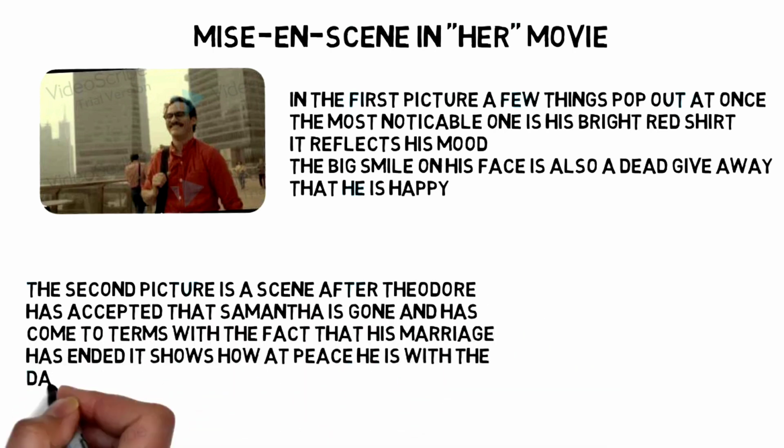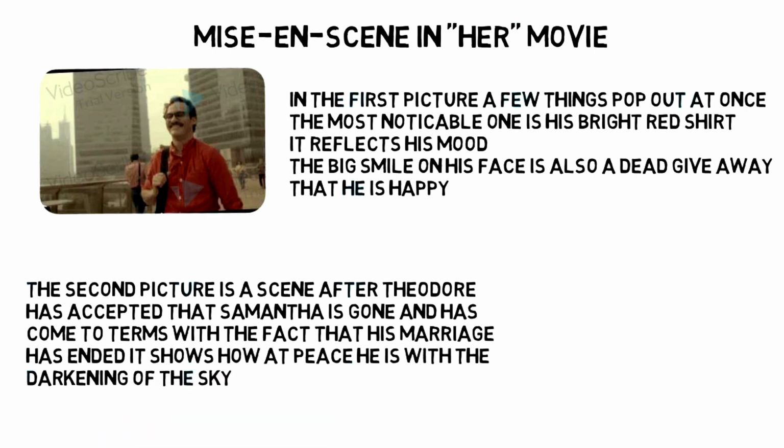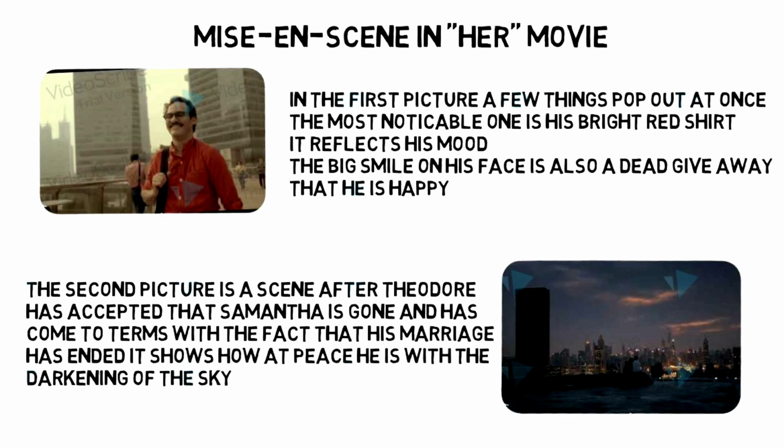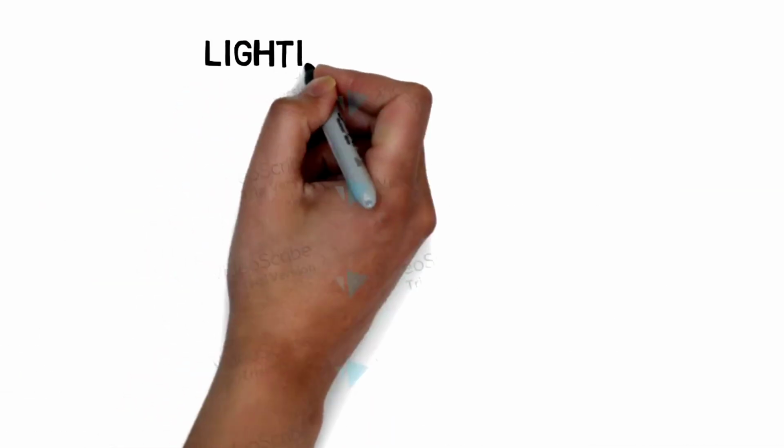The second picture is a scene after Theodore has accepted that Samantha is gone and has come to terms with the fact that his marriage has ended. It shows how at peace he is with the darkening of the sky.